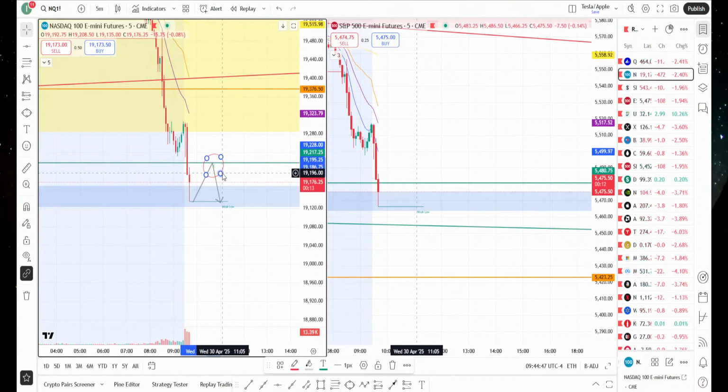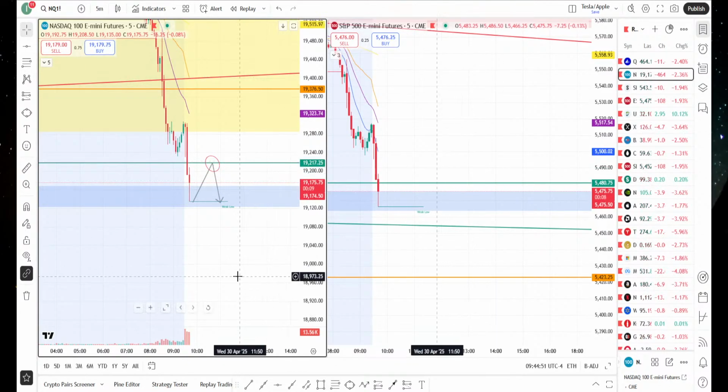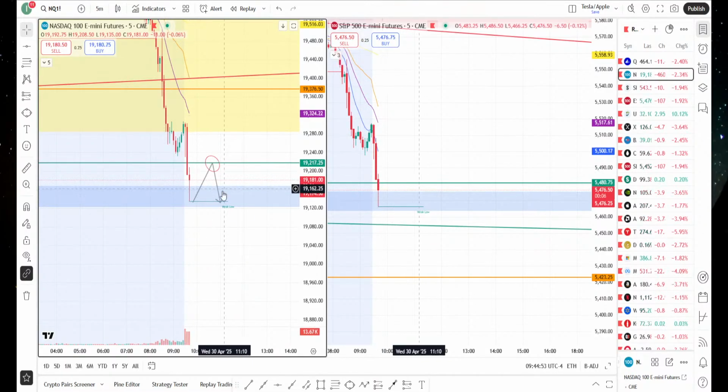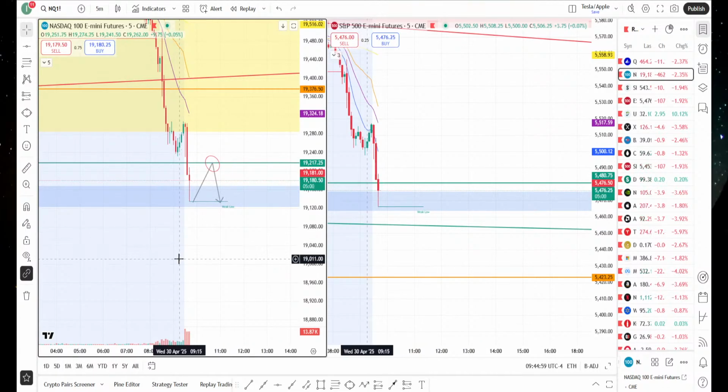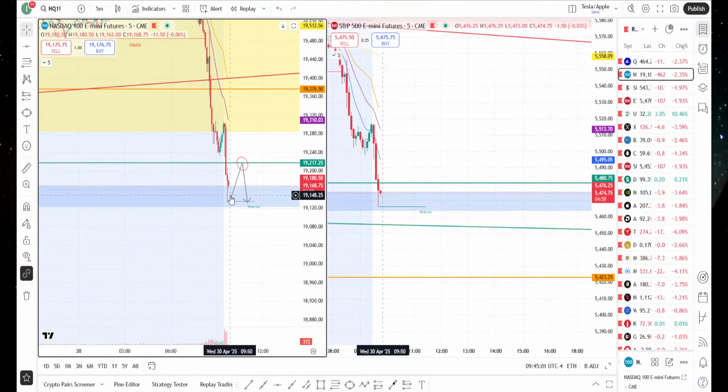The reason being is that is the demand zone. If the demand zone wasn't there, then I would have a different game plan. But with that demand zone there, I can make a pullback, and then from here I will enter shorts.